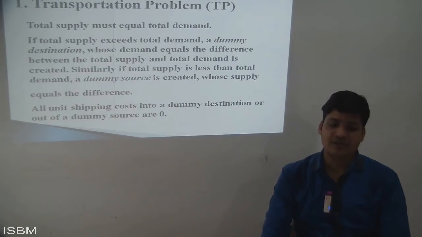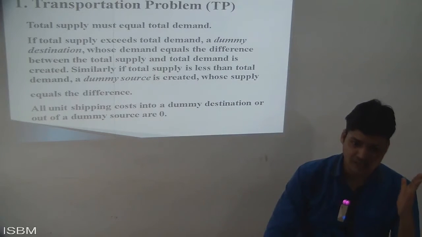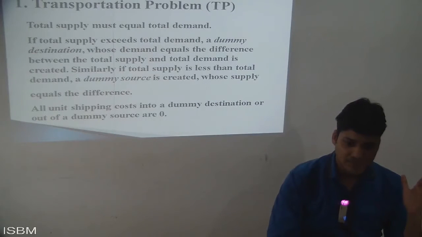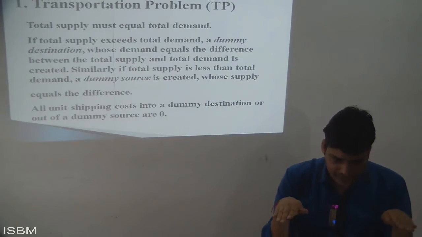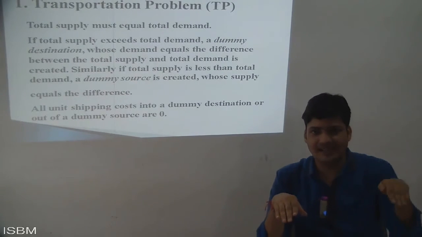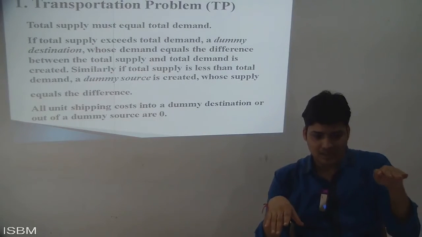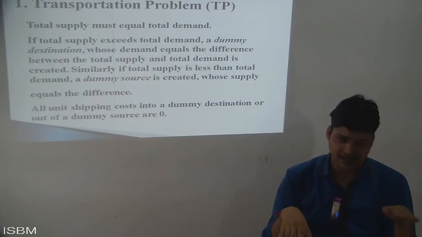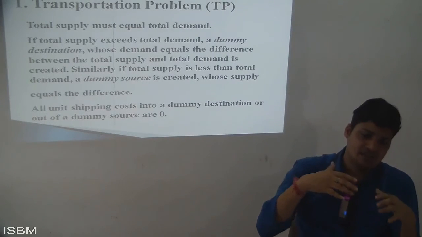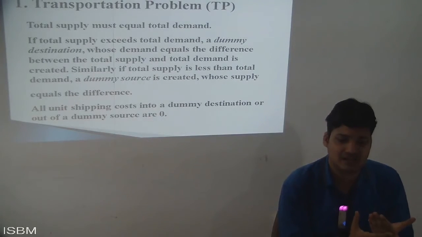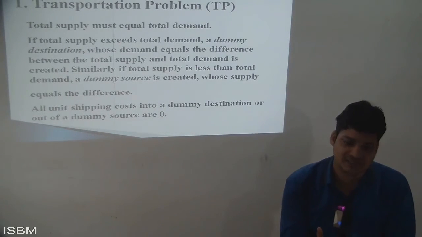All unit shipping costs into a dummy destination or out of a dummy source are zero, because there is a gap. Sometimes supply exceeds, and sometimes supply is less. So according to that, the dummy destination and dummy source are created over here.